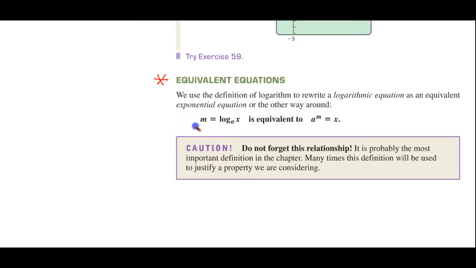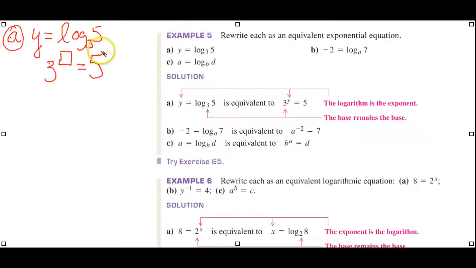I would write this down and keep in mind what it is equivalent to. Do not forget this relationship. It is probably the most important definition in the chapter. Many times this definition will be used to justify a property we are considering.